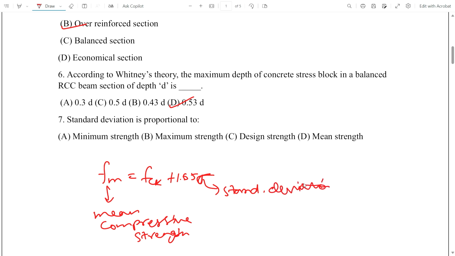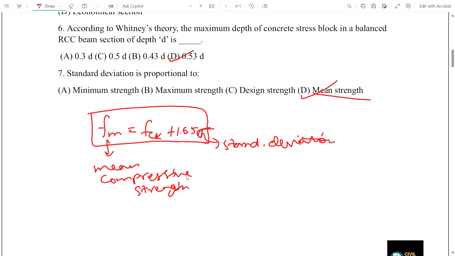Now in the question, standard deviation is proportional to what? This is mean strength. Option D is the correct answer. You just remember this formula: fm is equal to fck plus 1.65 sigma, that is standard deviation.